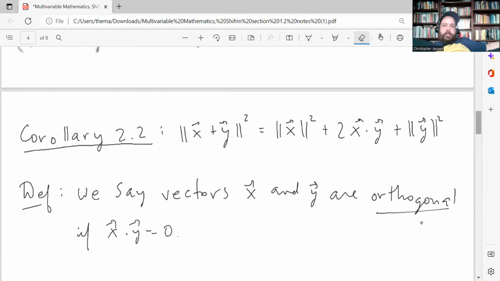Right, there's a corollary to that, which says that the length of x plus y squared is equal to the length of x squared plus 2 x dot y plus the length of y squared. He calls it a corollary because it follows directly from those properties. So let's actually prove that one next, and then I'll explain the definition that's right after it.